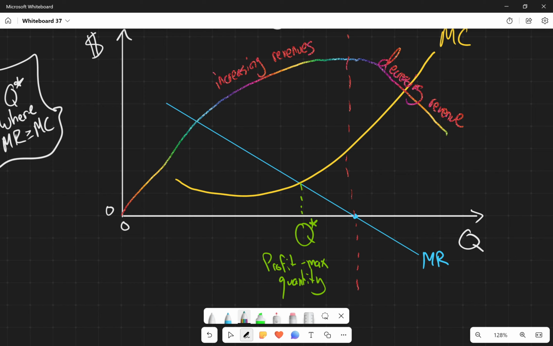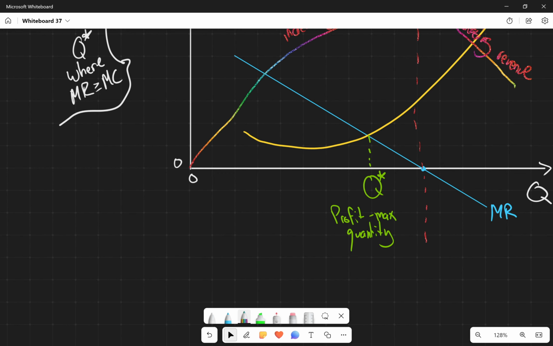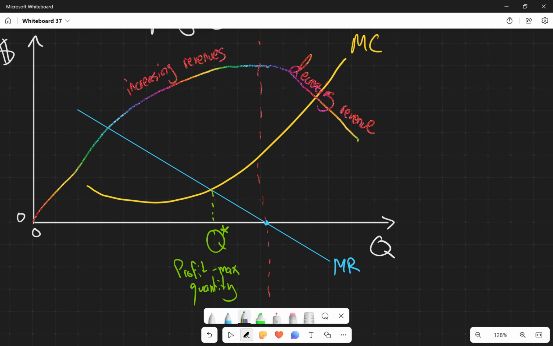So this point here, this is my revenue maximizing point. So it's not my Q star, but it is an important Q that has to do with maximizing something, but it's not maximizing my profit, it's maximizing my revenue. So anywhere that marginal revenue crosses the x-axis is going to tell us the total revenue maximizing quantity.